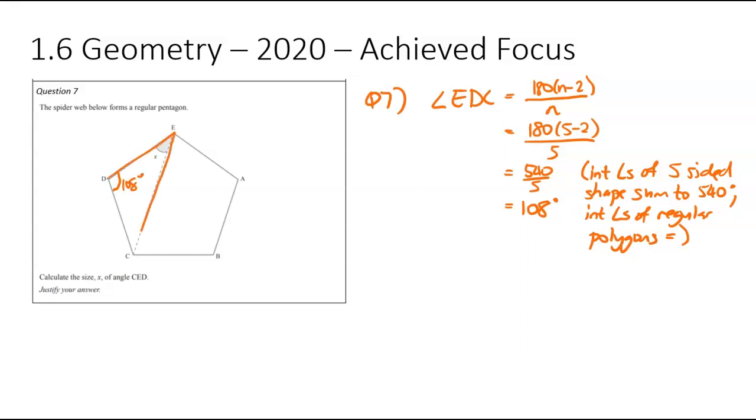And we're going to use the triangle and base angle of a triangle rule to find out the rest. So the math for that: we know that X is going to be equal to angle DEC, which don't forget is also equal to angle ECD.